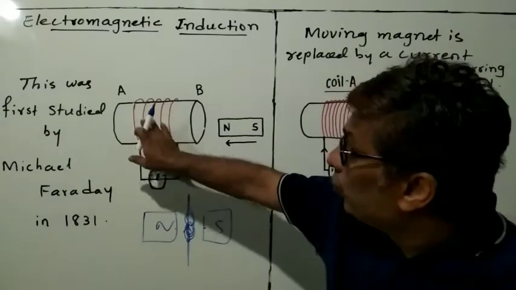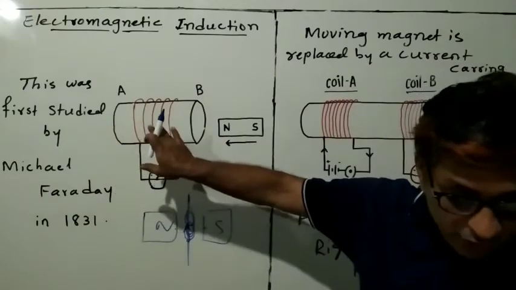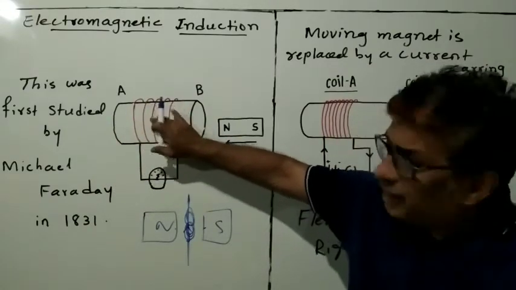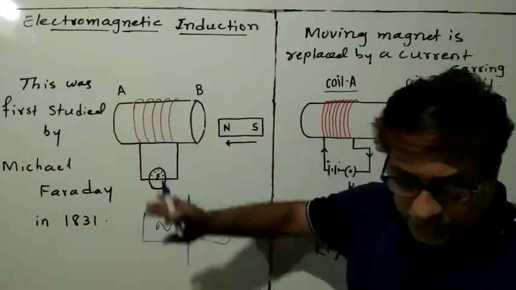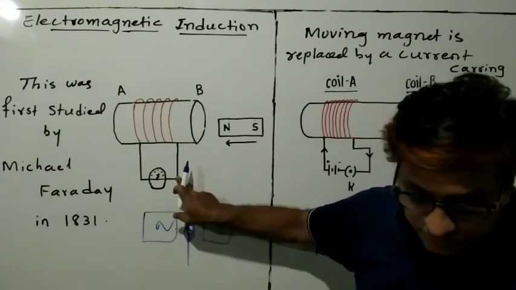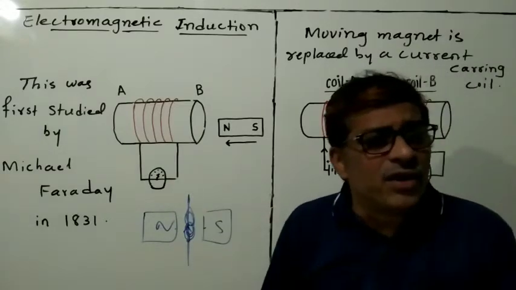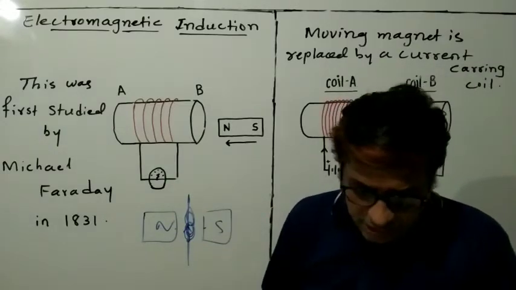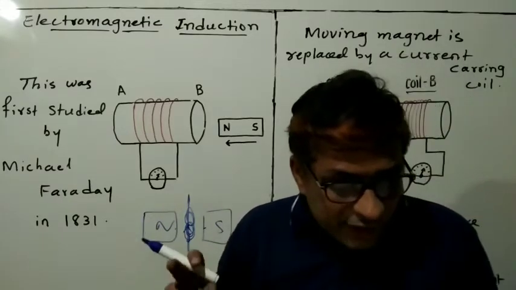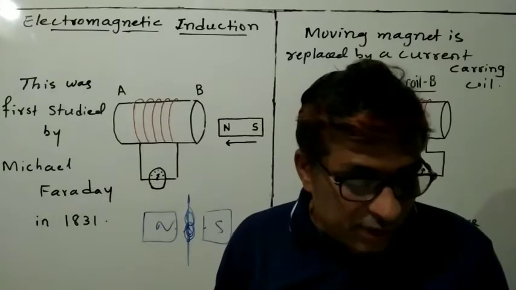Look here now. Take a coil of wire AB, having a large number of turns, and connect the ends of the coil with the galvanometer. You know what a galvanometer is: an instrument that can detect the presence of current in the circuit.